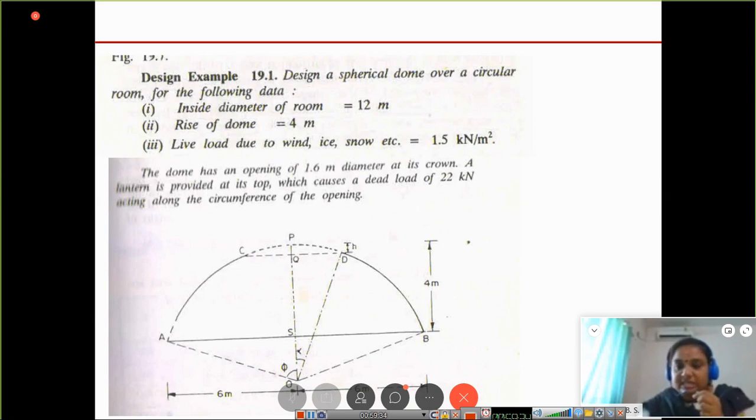The architect decides the dome, and the engineer has to design it for that. Whatever is the case, we are able to design if we can do the analysis properly. I don't think that will be a problem.